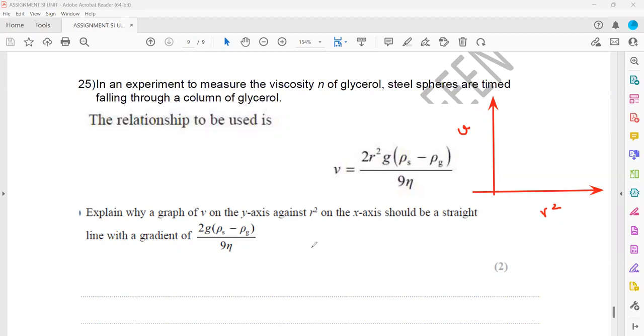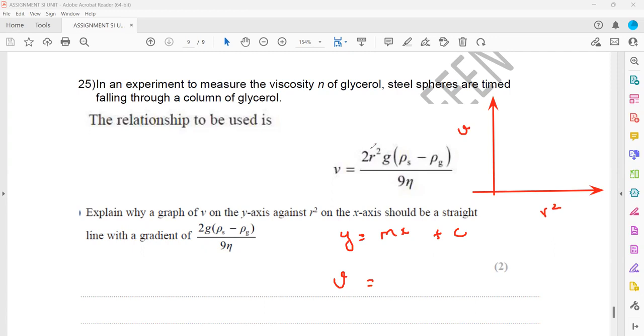If I rearrange the equation, it should match the equation of a straight line, y is equal to mx plus c. So the quantity which we plot on the y-axis should be separate. It is already separated. V is already separate. Then the quantity which we plot on the x-axis comes just after the equal sign, with a gradient.